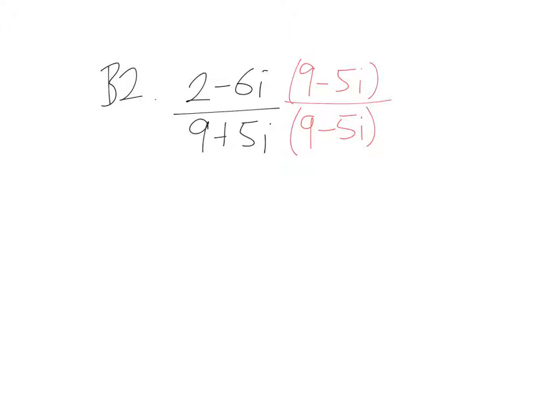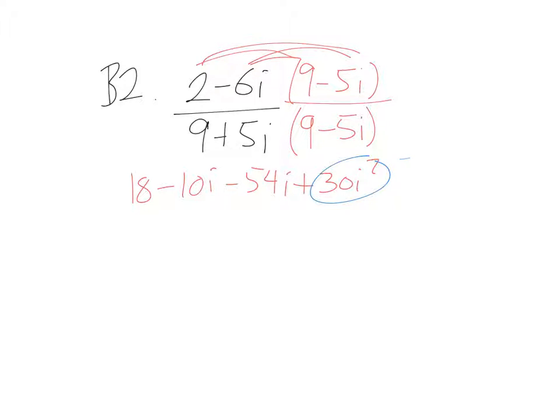On the top, that's going to be 18 minus 10i minus 54i plus 30i squared, which we know is really minus 30. Which means that we get 18 minus 30 is negative 12. Negative 10 minus 54i is minus 64i.